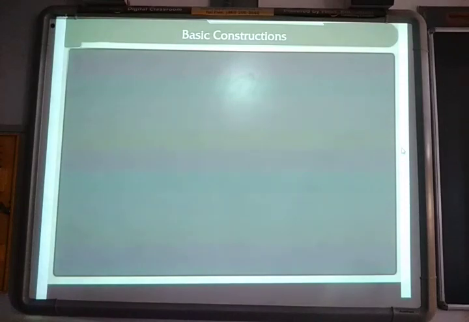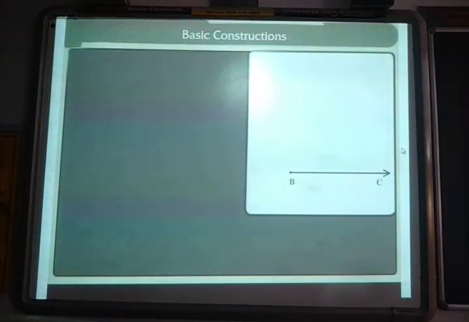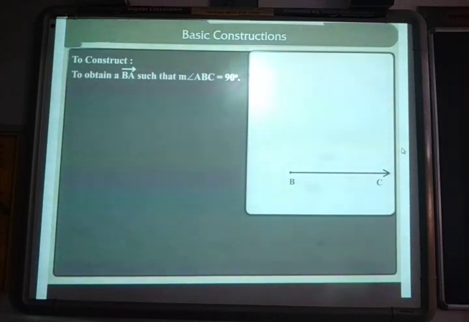We will now see the construction of an angle measuring 90 degrees. Take ray BC as the initial ray. We have to construct a ray BA such that the measure of angle ABC formed will be 90 degrees.